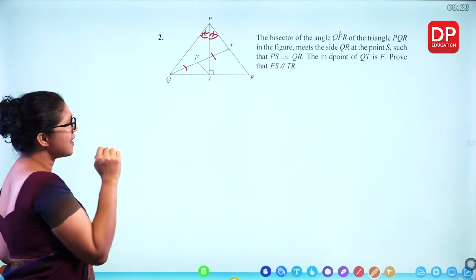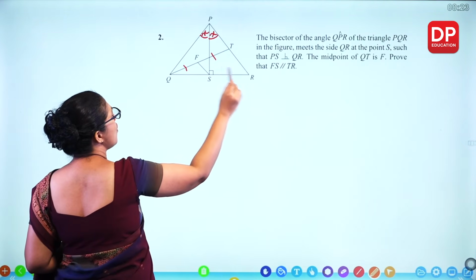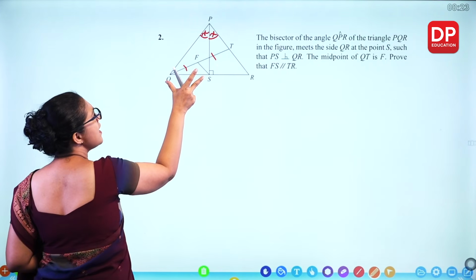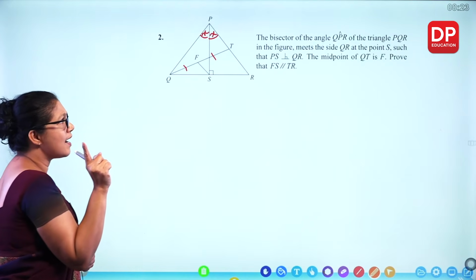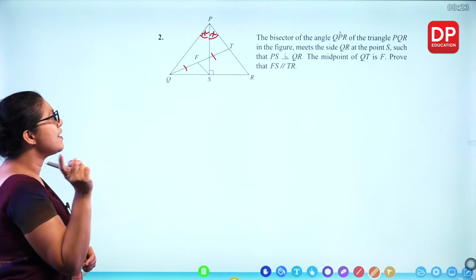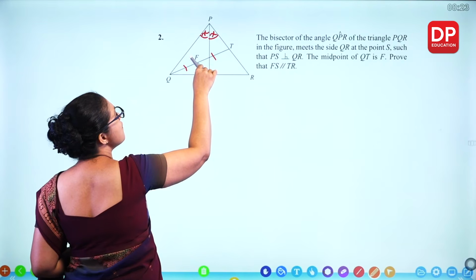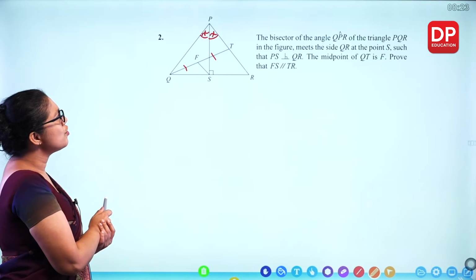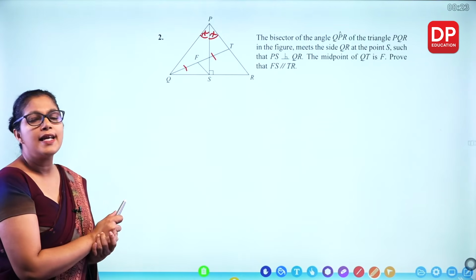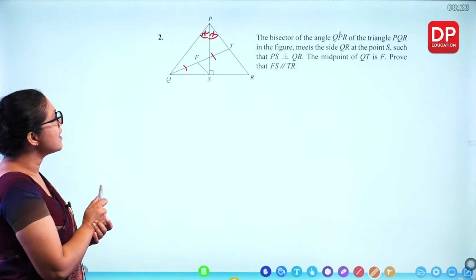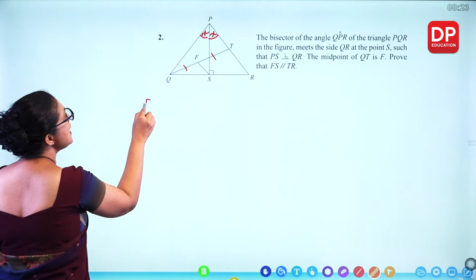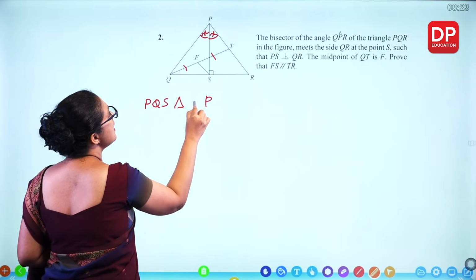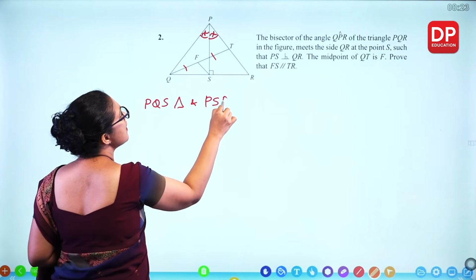So here, look at carefully. This is the midpoint of QT. F is the midpoint. If we can show that QS is also equal to SR, according to the midpoint theorem, we can show that FS is parallel to TR. So, first thing you have to show that QS is equal to SR. So, we'll take the two triangles, triangle PQS and triangle PSR, these two.